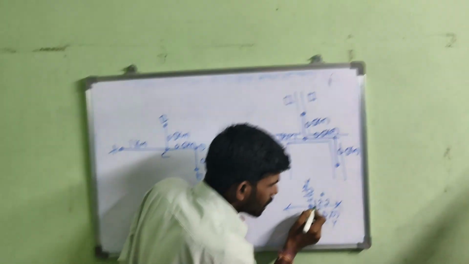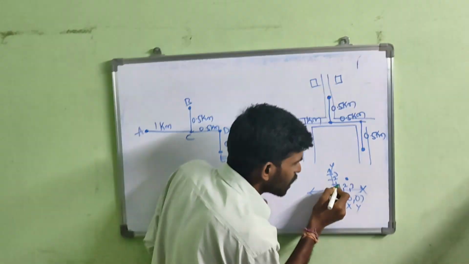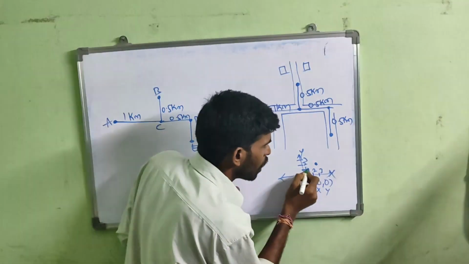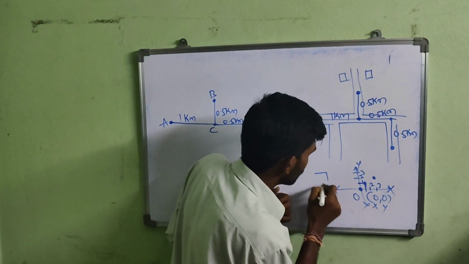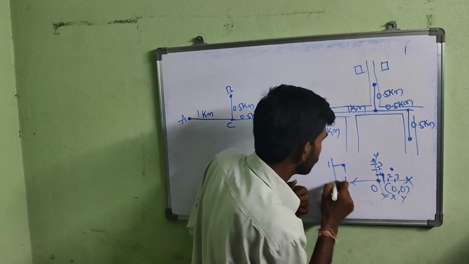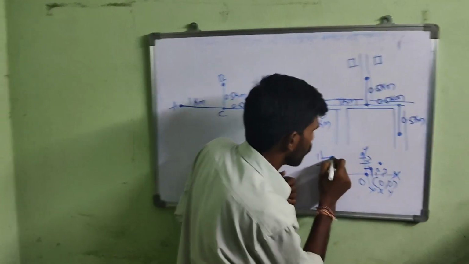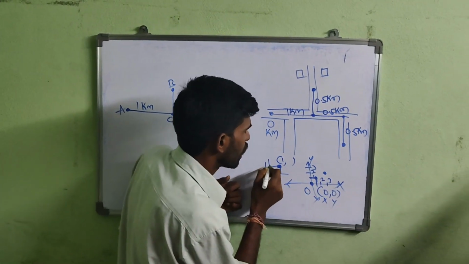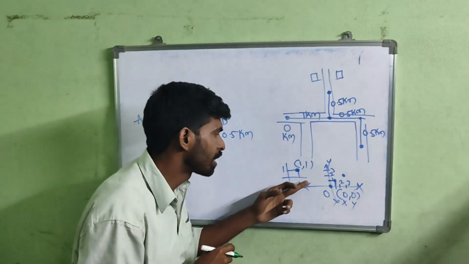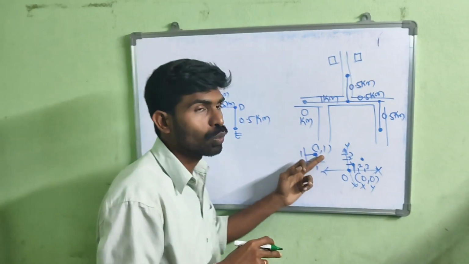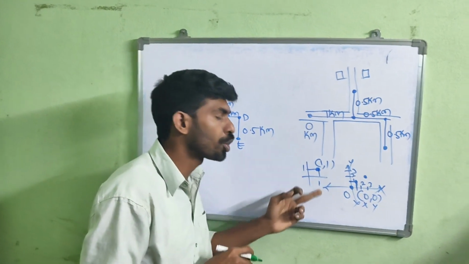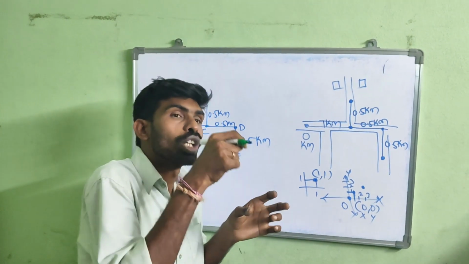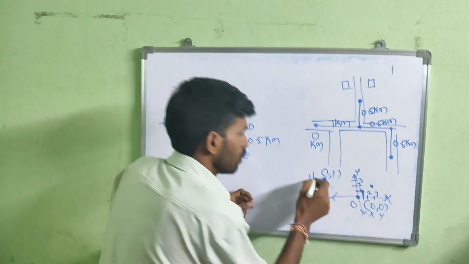On the x axis 1 and y axis 1, both are meeting at one point. This is the representation of the exact location of the point. Okay na?